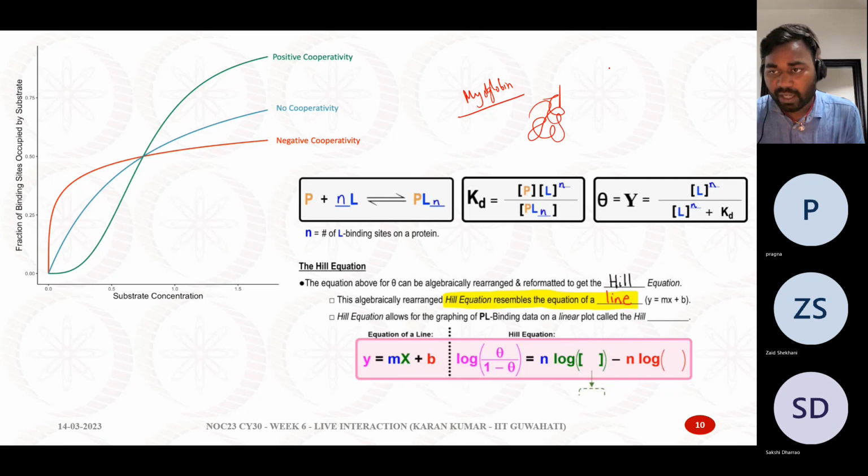In hemoglobin, you have four subunits of the alpha and beta type, so it is a tetrameric protein. However, myoglobin is a monomeric protein. If it is a monomeric protein, then it can only bind one oxygen molecule. However, hemoglobin has four subunits, so it can bind four oxygen molecules.